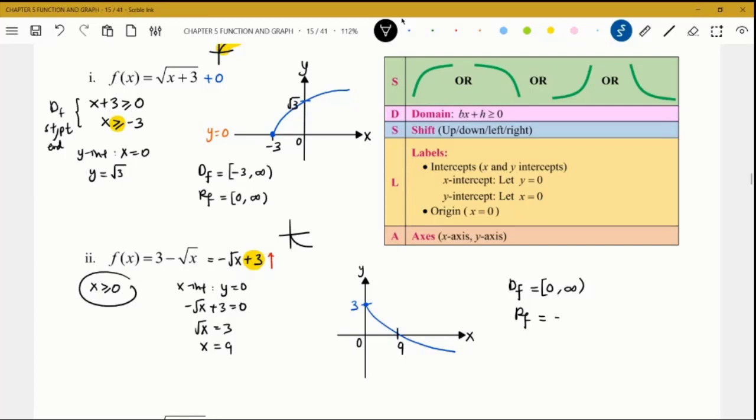Bermaksud daripada negative infinity sampai the largest ataupun the greatest value of y adalah 3. Okay, so that one is the part 2. Okay, another 2. Sikit lagi.